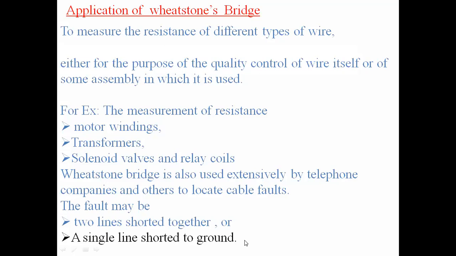In household use, in some cases some part of the wire will be connected to ground. If any wire is short circuited, the entire current will flow through that wire and reach the ground. Then the current will be high. Like this, to measure or identify that fault, we can use the Wheatstone bridge.